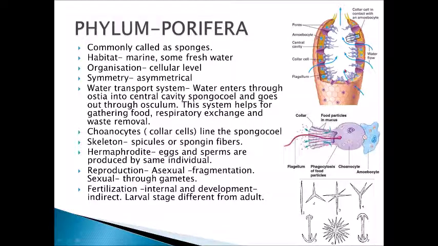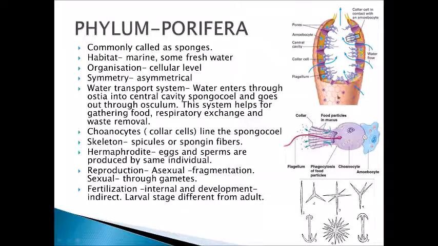This is the central cavity, which is called spongocoele. And then it goes out through this opening, which is called osculum. So this way the water enters through these pores or openings, which are called ostia. And hence, as the organism's body has pores, the name given is Porifera.